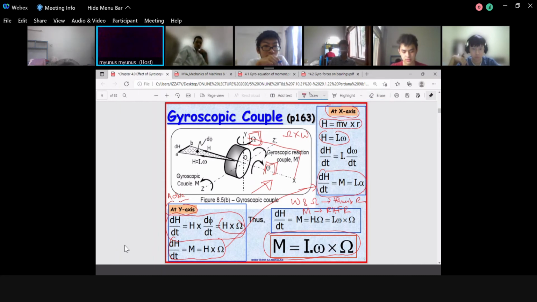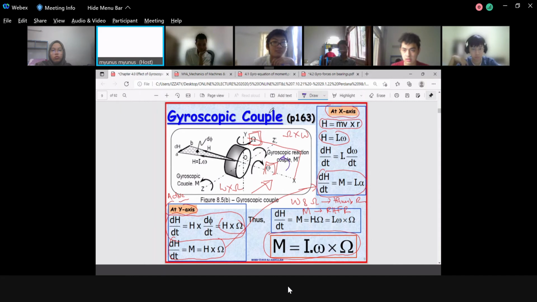If you found that this spin cross precession, what do you have? You have the other. Let me put another color. You have this direction, correct? So it will now come out from your screen. Am I correct or not? Yes or no? Use the thumb rule. Okay, let me turn on my video here. Okay, the first one. Look at here.